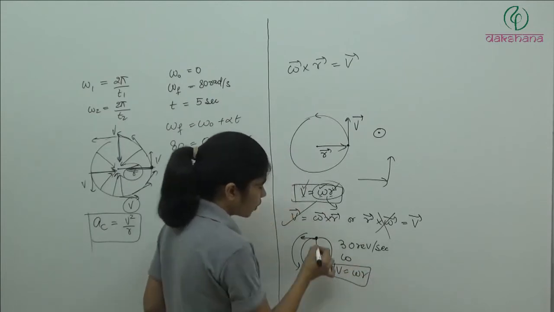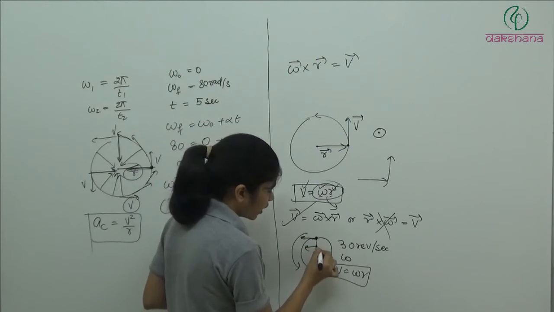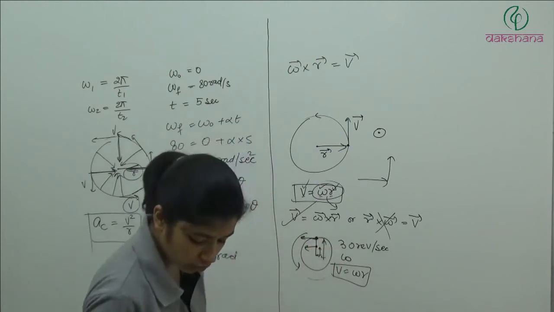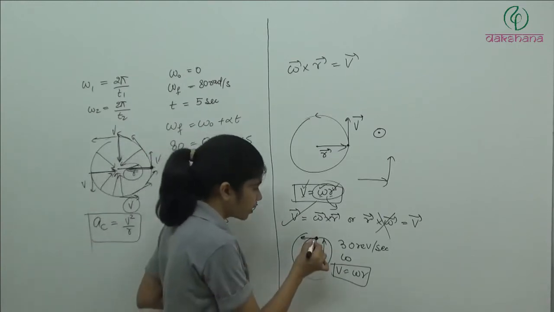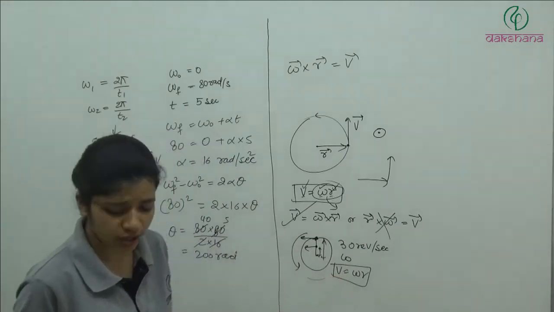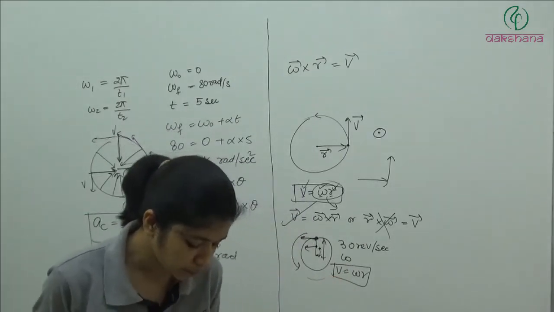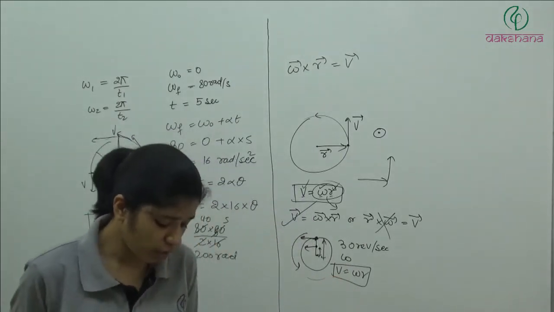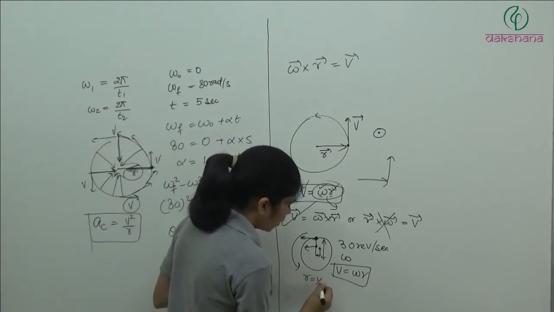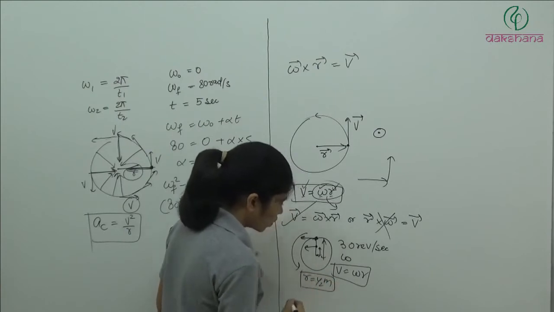Right? If it is here, then we take this r, this distance. So we have to find out the linear speed of a point which is at this point. So what will come? Omega r. Okay, here we do not need to cross. We just want to find out the magnitude. So wheel of diameter 1 meter. So r is equal to how much? Half meter. R is equal to half meter.